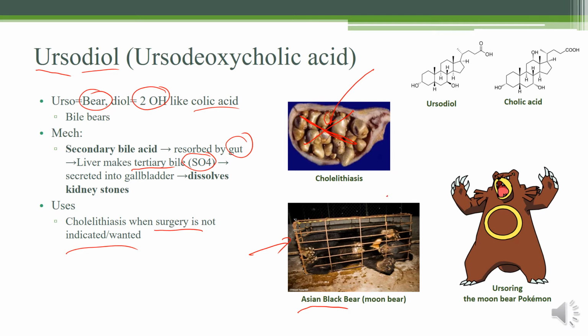Someone would put a needle in and find their gallbladder using an ultrasound and take out the Ursodiol, and then this would be purified and marketed for human consumption. I've also shown you, on a little lighter note, Ursaring, which is a Pokemon that is based on the moon bear that you find in Southeast Asia.